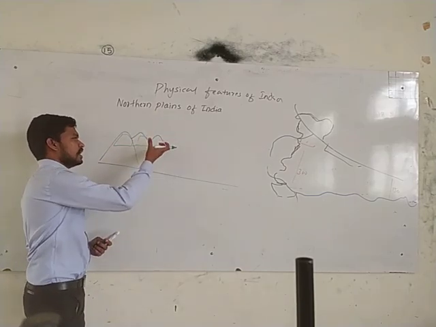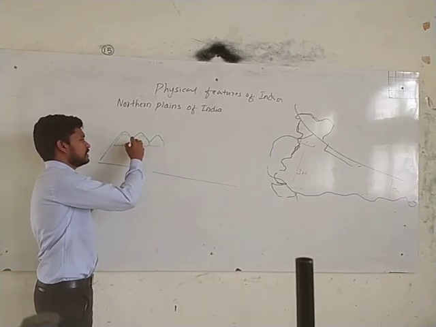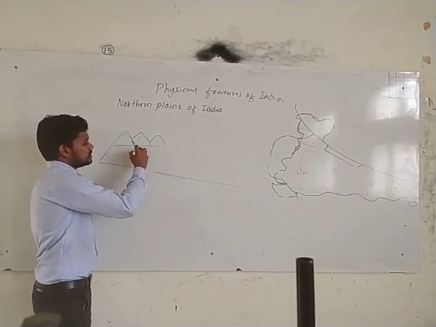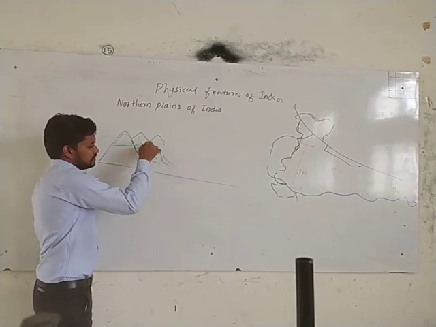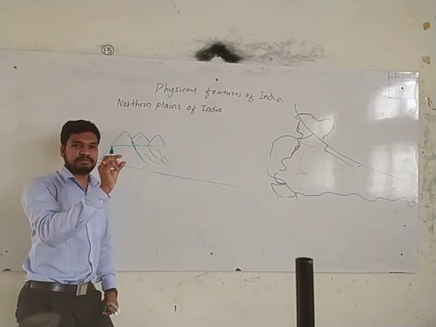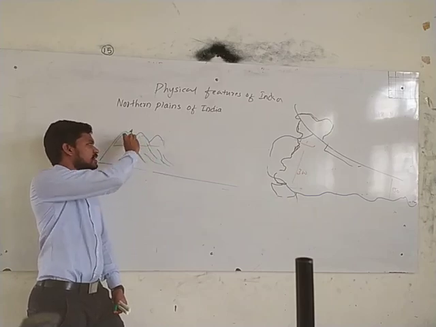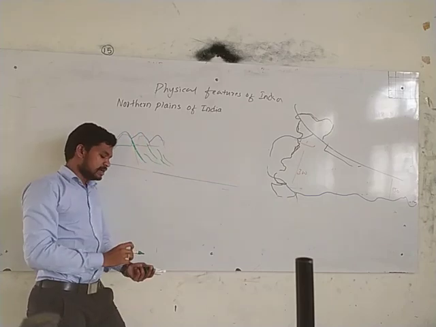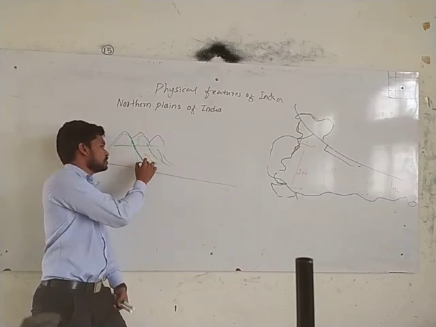Due to high temperature and global warming, it melts and turns into liquid, and that moves towards the southern direction and forms a river. These rivers carry sediments, fine and big particles, and pebbles, because they flow from a great height. Then that deposits over here.